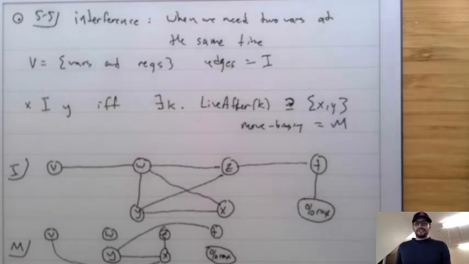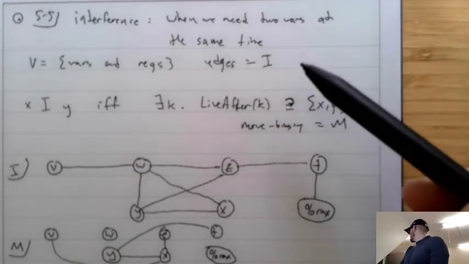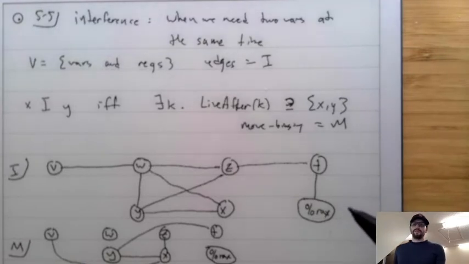And we actually are going to talk about two different graphs that are just different sets of edges for the same vertices. The first one is the interference graph, and the other one is something we call the move graph. I'll talk about that in a moment when we talk about how to find these things.